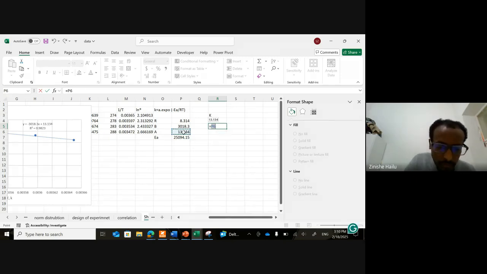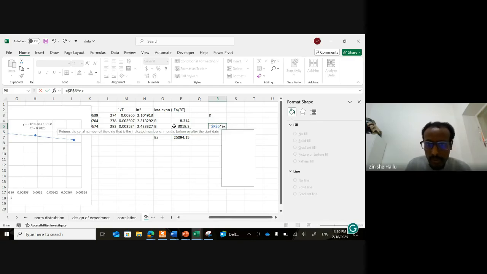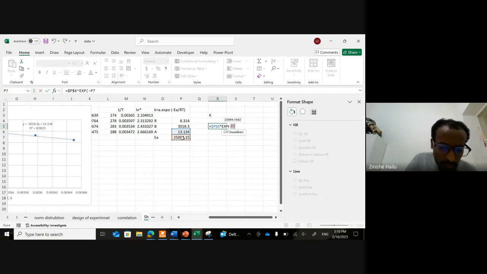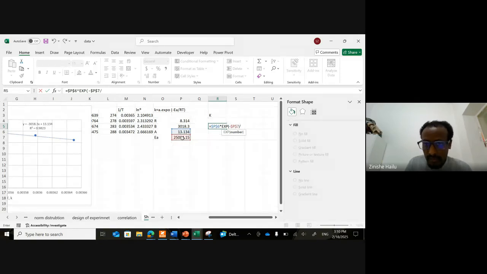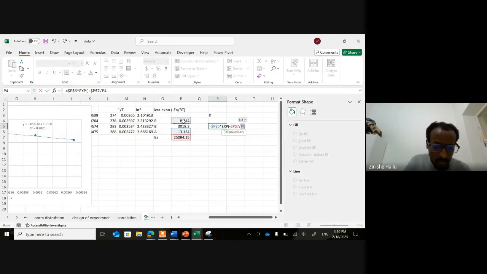We have to fix this one times exponential function, exp, and minus E activation energy. This we have to fix again over R is a gas constant. This one we have to fix and times temperature. Or temperature is this variable, and then we can enter.